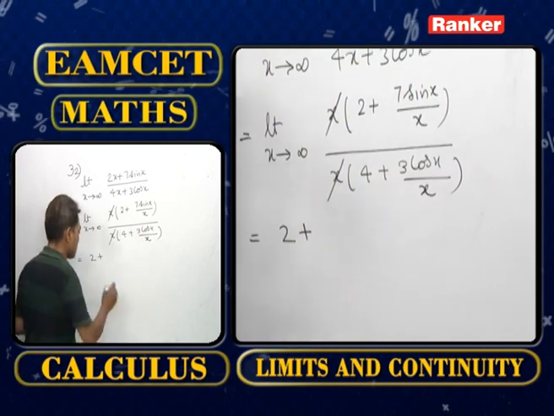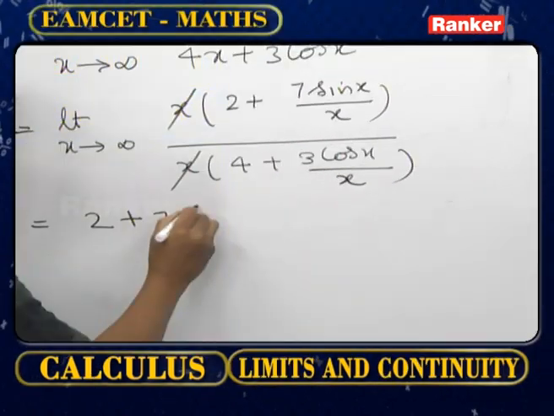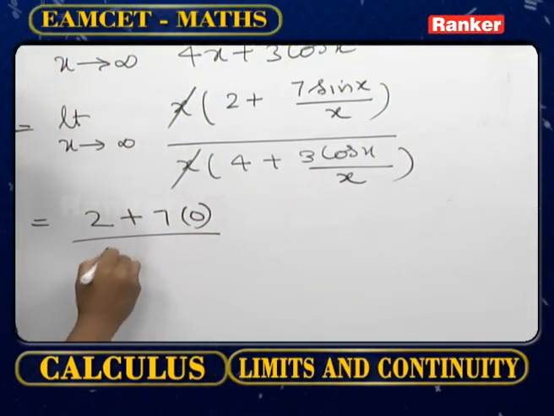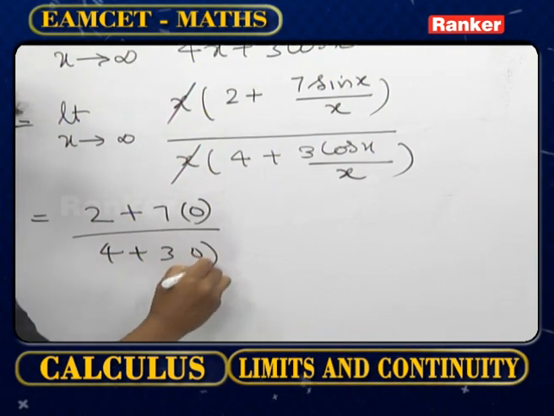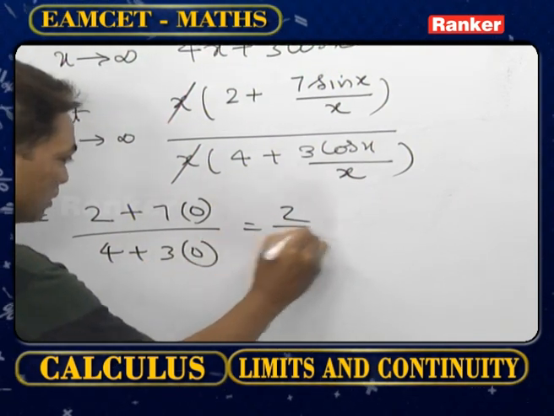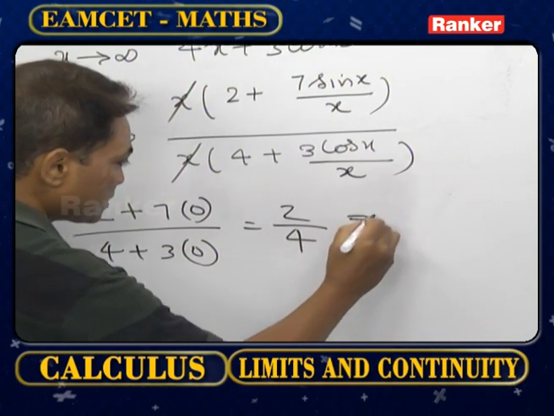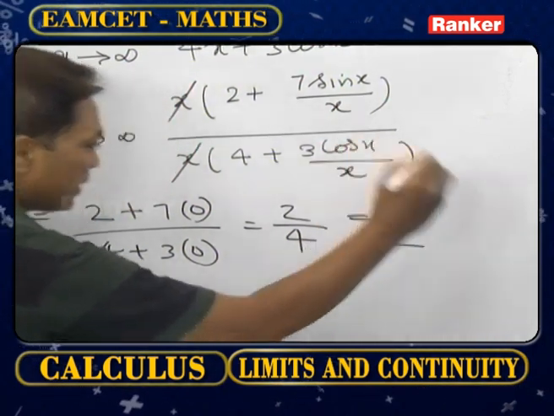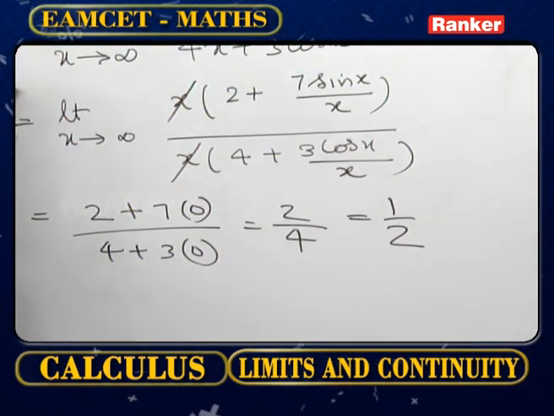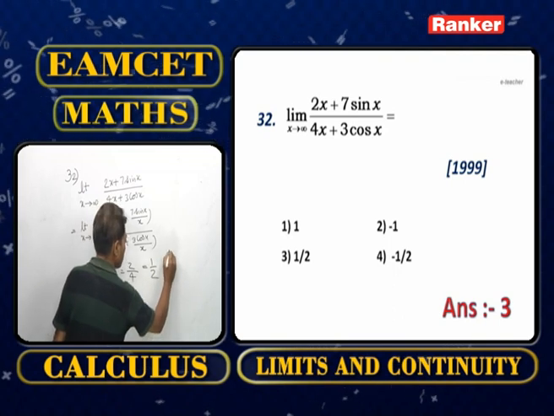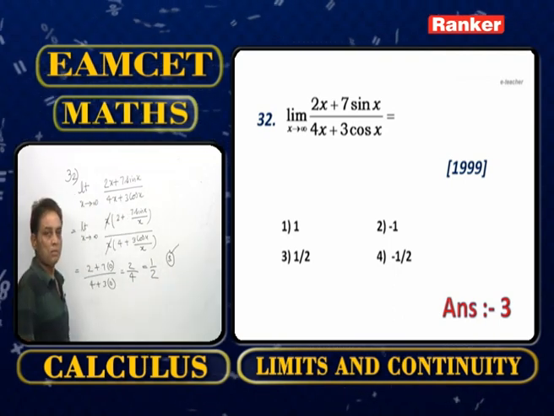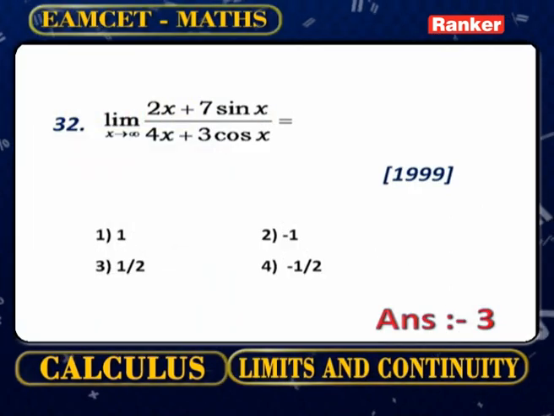Same thing for cos x also. This becomes 7 into 0, this becomes 3 into 0. It's nothing but 2 by 4, which is nothing but 1 by 2. So, option number 3 is the right option, which is 1 by 2, right.